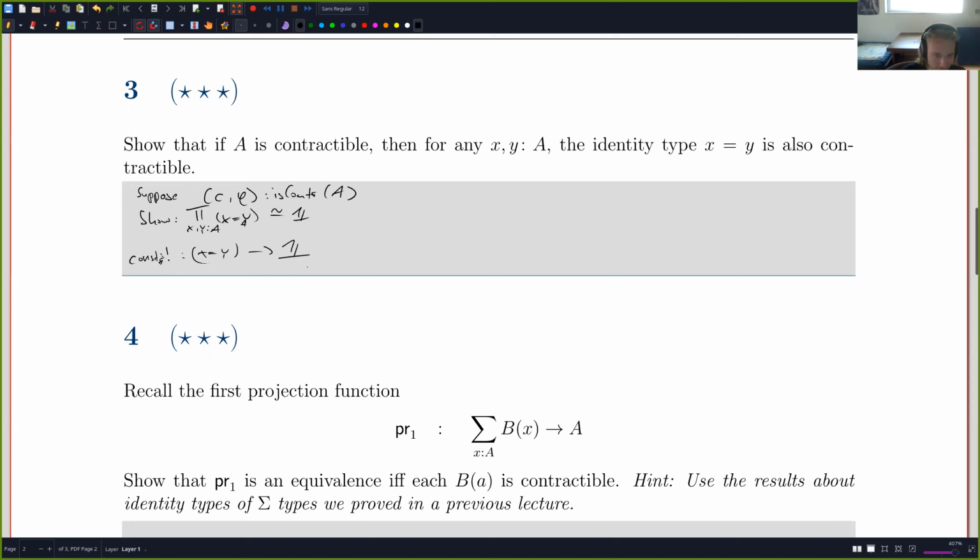And in the other direction, so let's continue here, a map from 1 to x equals y. Okay, so we have here a type family over a contractible type. And one is contractible, that was proved in the lecture, so we're allowed to use singleton induction.